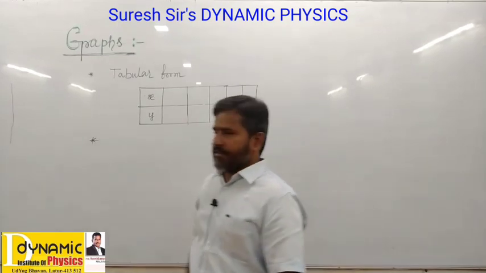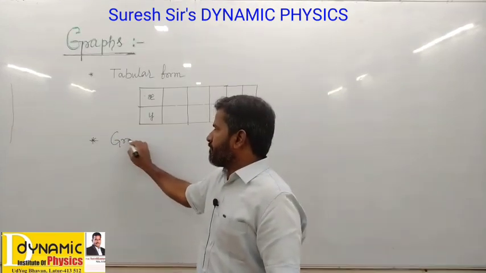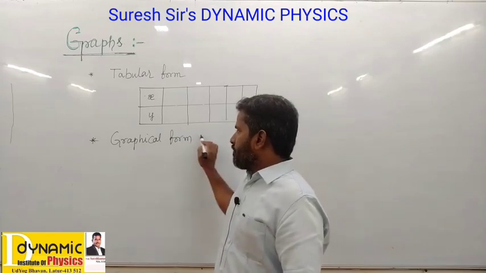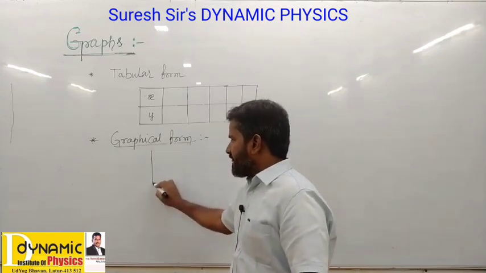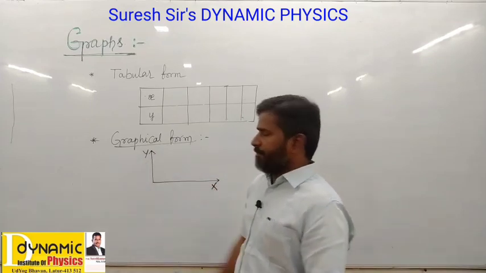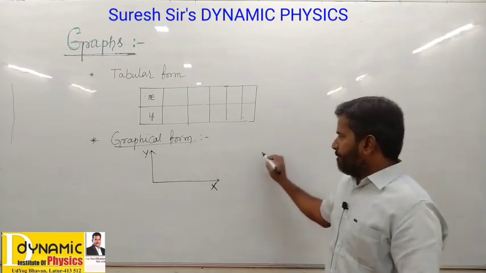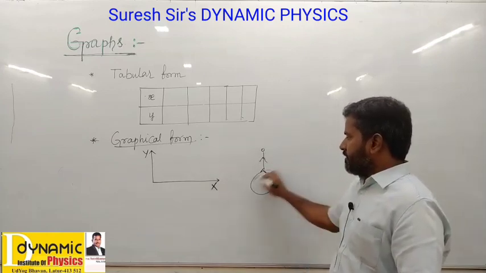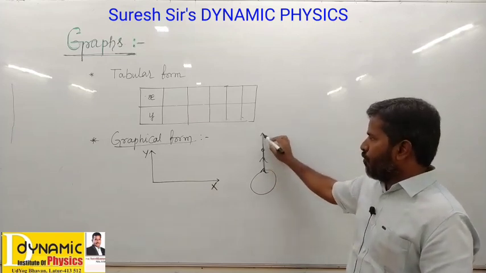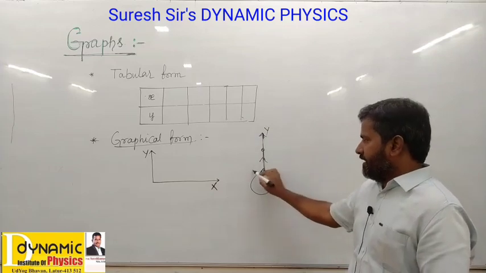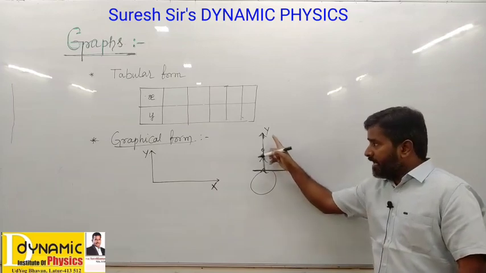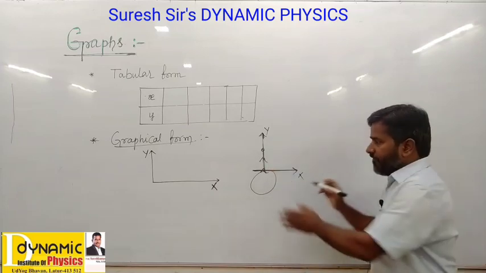And the second part is graphical form. Here there are x and y axes. X is the independent axis and y is the dependent axis. Like man and earth: man is dependent on earth, so y is dependent, and earth is like the x-axis.